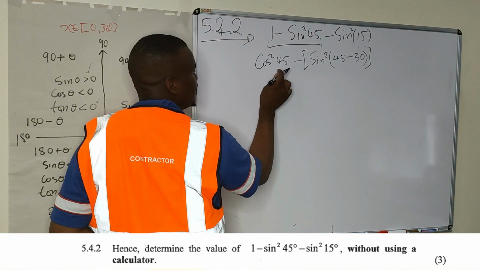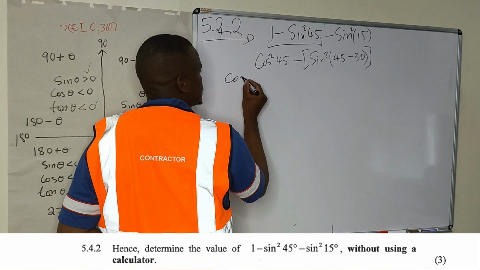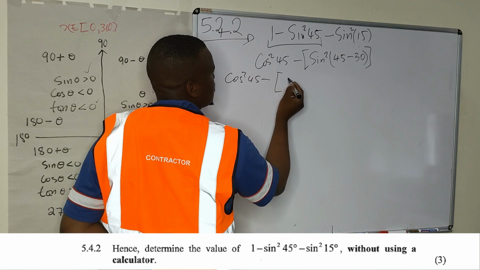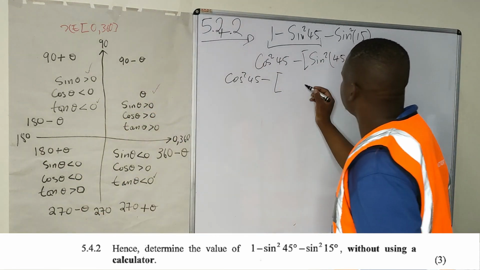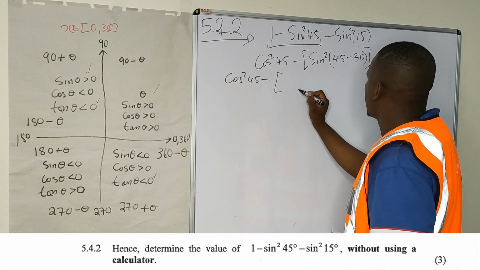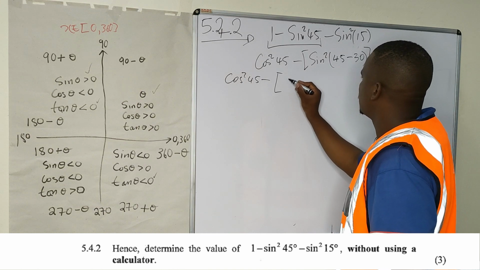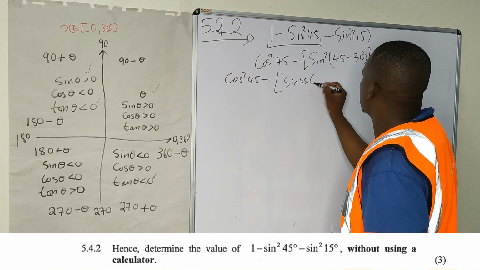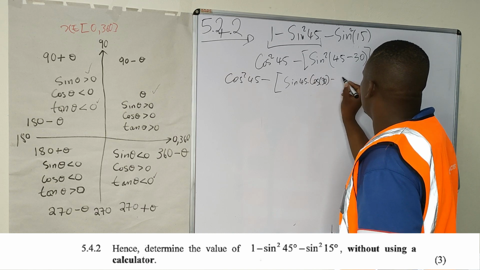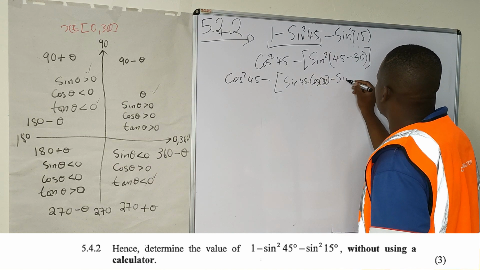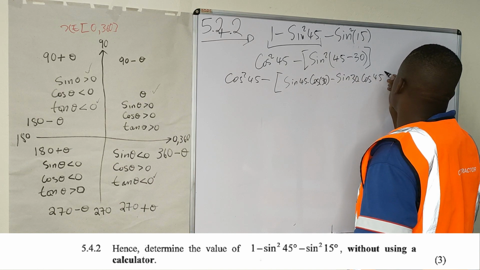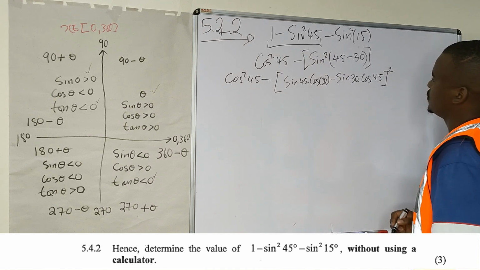So we say this is cos squared 45 minus this thing here. So what do we have? We have sine 45 cos 30 minus sine 30 and cos 45. This is the expansion identity, all squared, right?